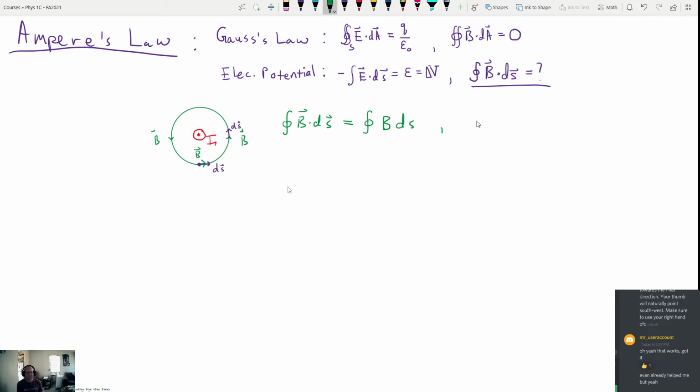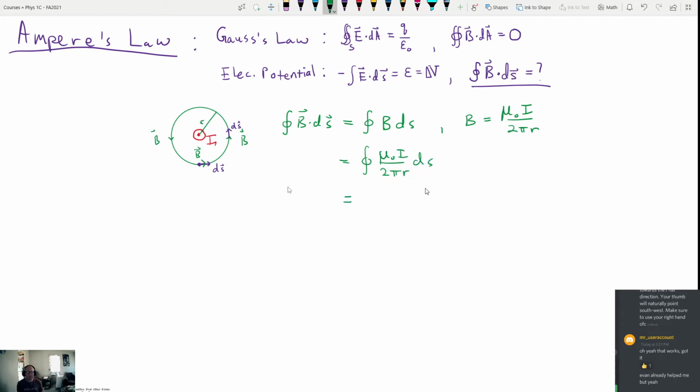But if this is a long current carrying wire I that carries current out of the screen like this, we know what the value of the magnetic field for that system is. It's mu naught times I divided by 2 pi multiplied by the radius of the loop. So in this case, if the radius of the loop is r, then this is the value of B. We can pull that into our equation and say now we're doing the integral of mu naught I over 2 pi r ds.